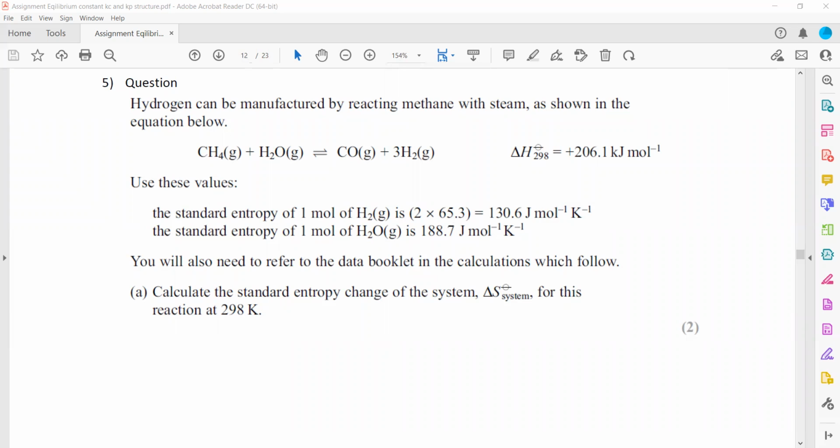The entropy change of a system is product minus reactant. When we subtract the entropy of the reactants from the products, we get the entropy change of the system. You have to use the data. The product is hydrogen.